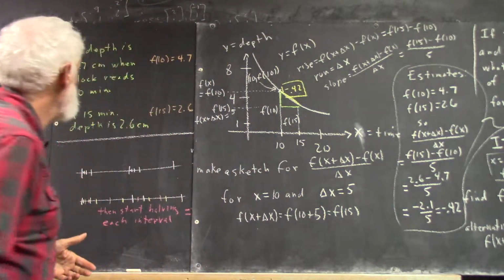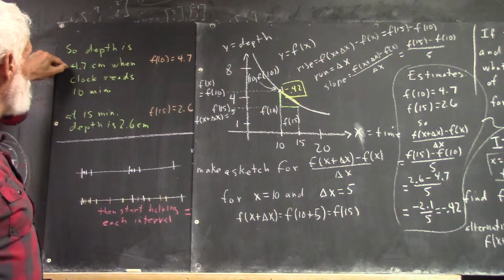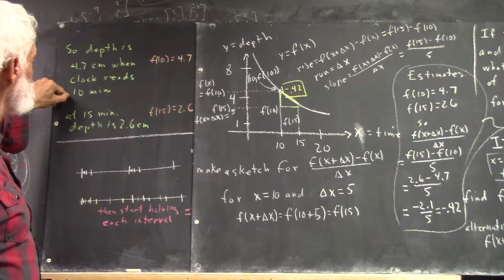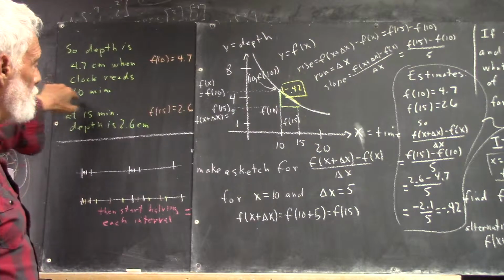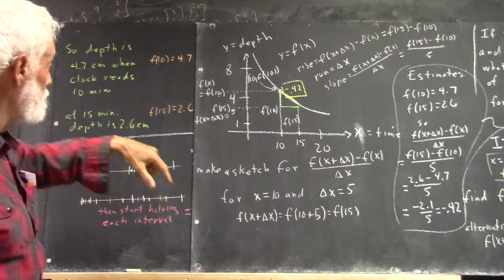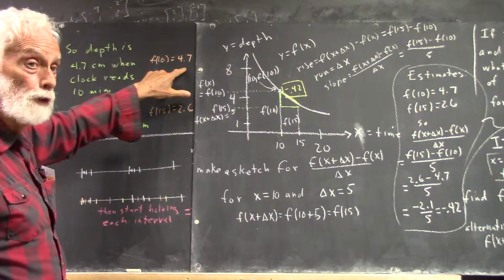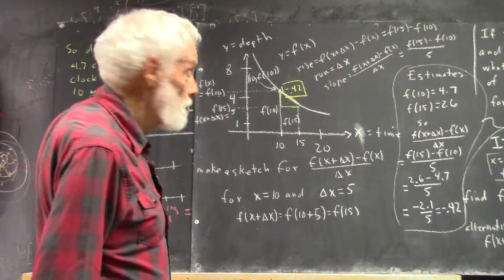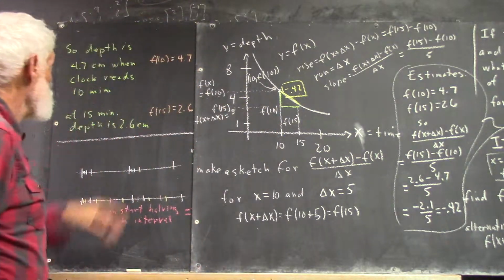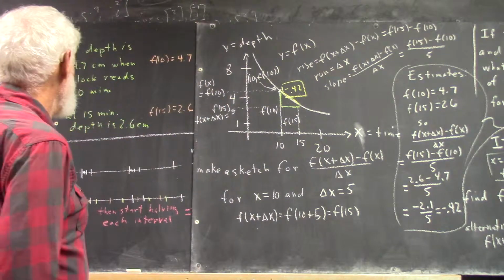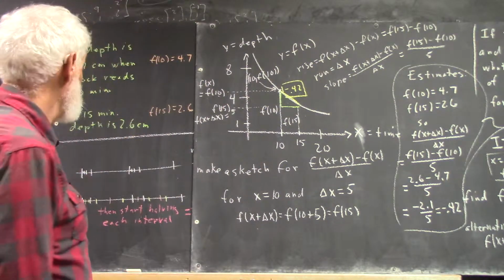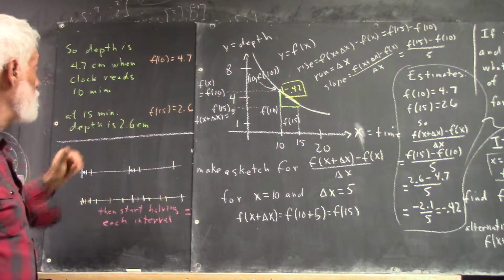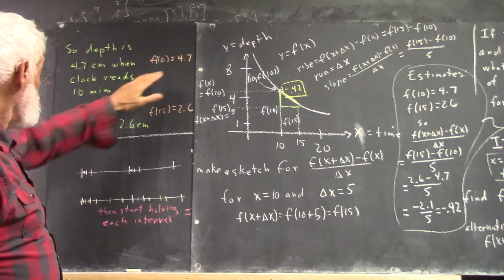So that we can say depth is 4.7 centimeters when the clock reads 10 minutes. This expresses the same thing, now that we have this interpretation, as saying f of 10 equals 4.7, which of course corresponds to the graph. Yes, we got this off of the graph. We didn't have a formula for the function, okay? But we did have the graph. Okay, so that's the meaning of this.